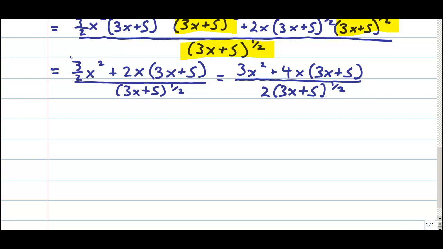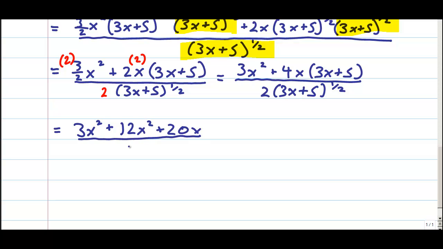See, all I did was multiply everything by 2. I multiplied this by 2, this by 2, and this by 2. Nothing wrong with that. Now I clear my parentheses and I get 3x squared plus 12x squared plus 20x all over this thing on the bottom.